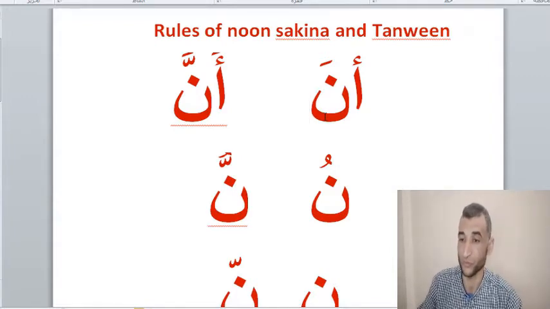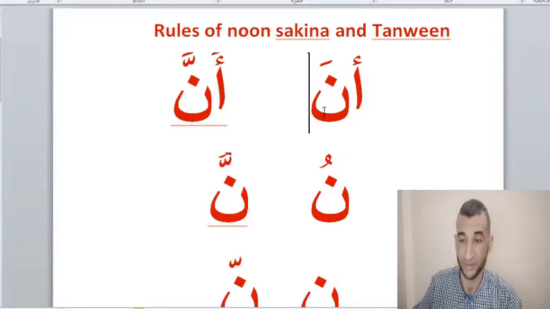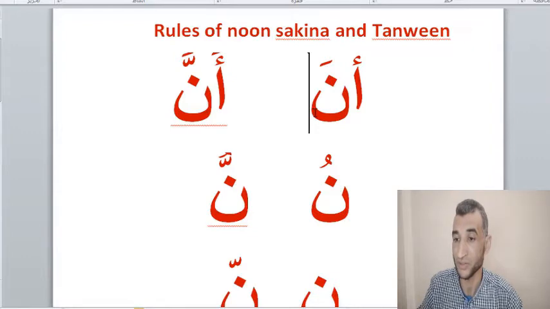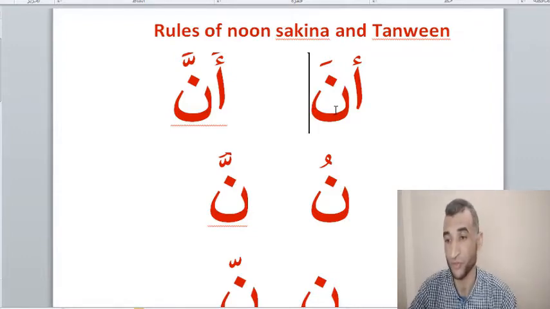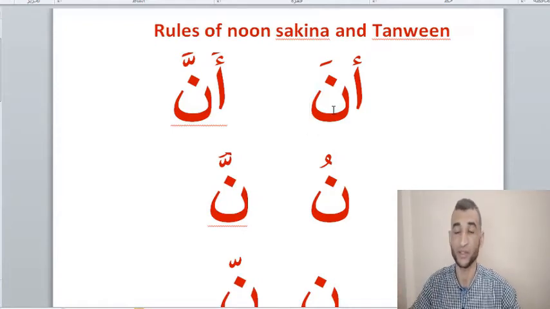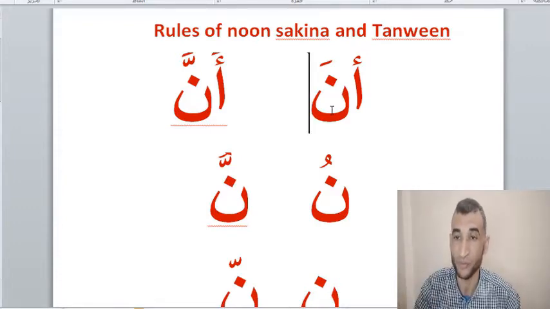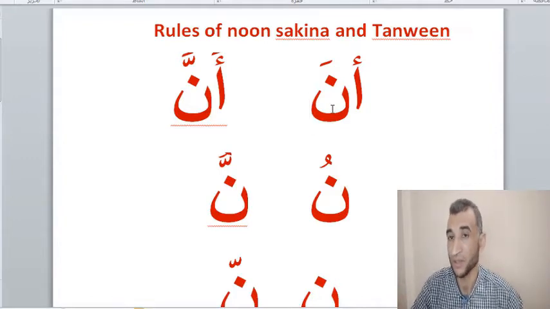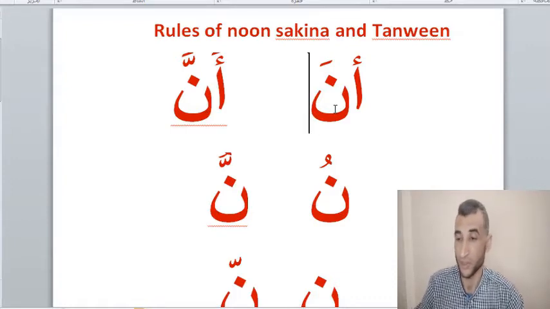Here you can see the letter Nun, and there is a short vowel of Fatha above it. So it is a movement Nun. How can you pronounce this letter with this short vowel above it? If you add the letter Hamza before the letter Nun with this short vowel of Fatha, you can pronounce it: ana, na.